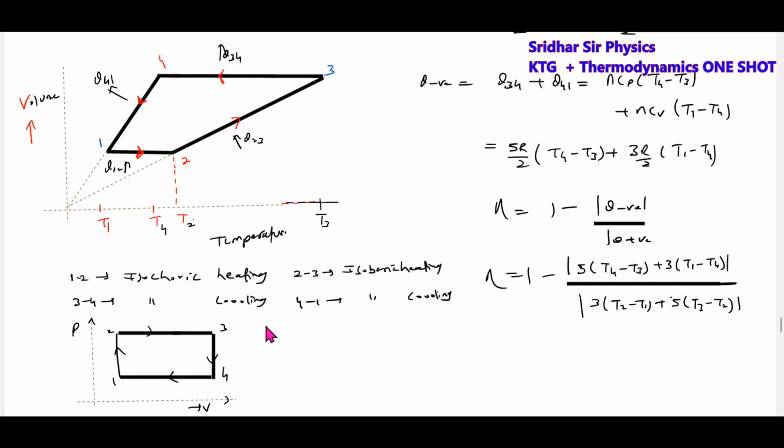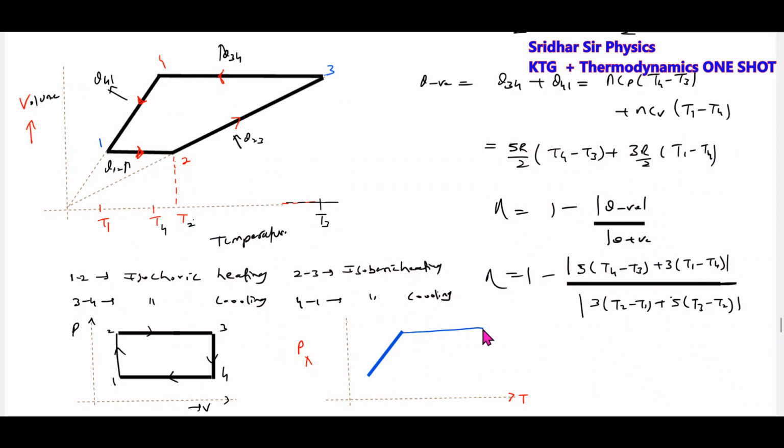There's a VT graph, there's a PV graph. Then the volume-temperature graph and the pressure-temperature graph. Isochoric heating should be a straight line passing through the origin.